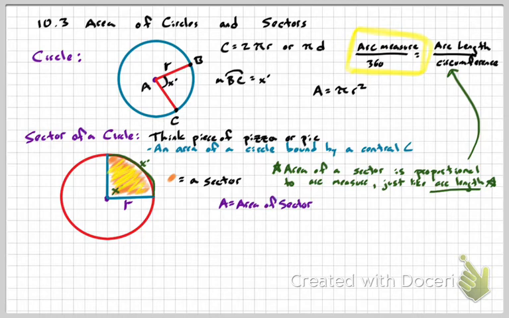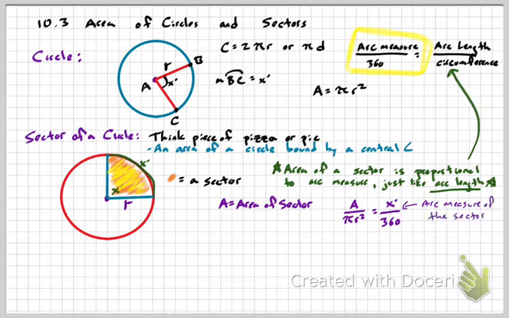So A equals the area of a sector for this formula. Okay, we have A equals pi r squared times x over 360. So A is the area of the sector. Pi r squared is the area of the entire circle. X is the arc measure of the sector.